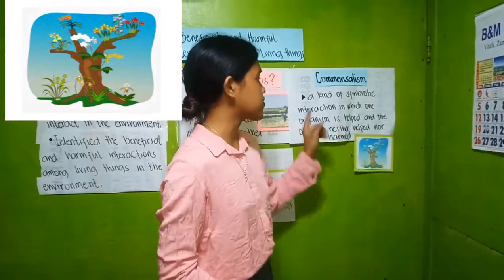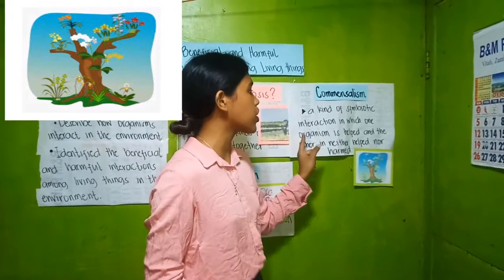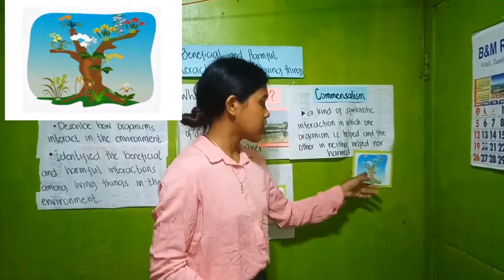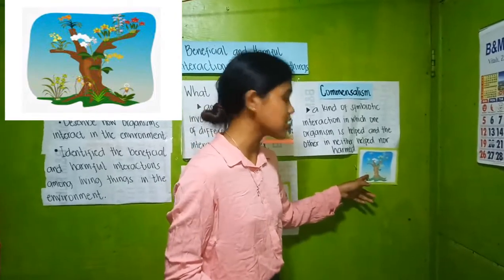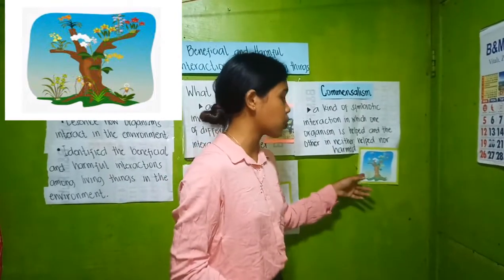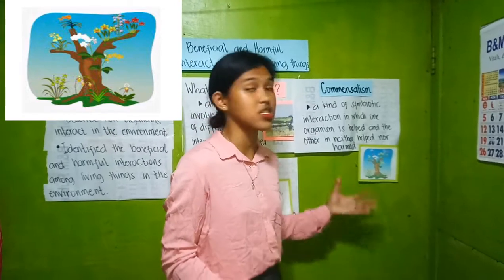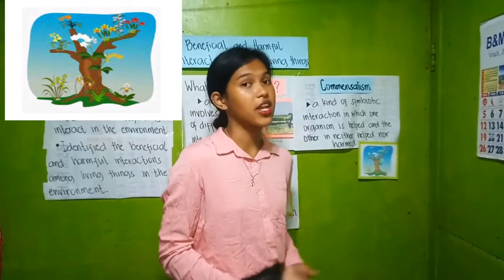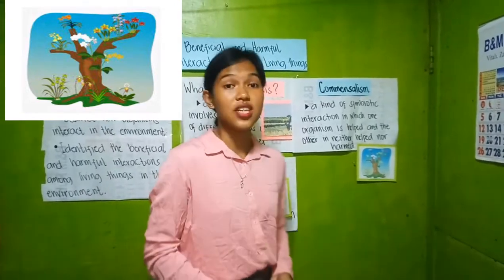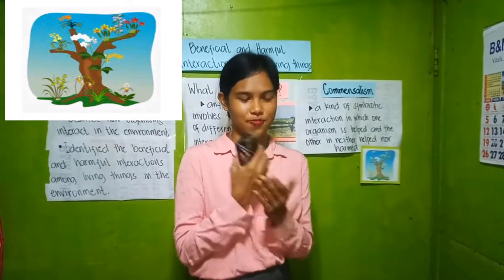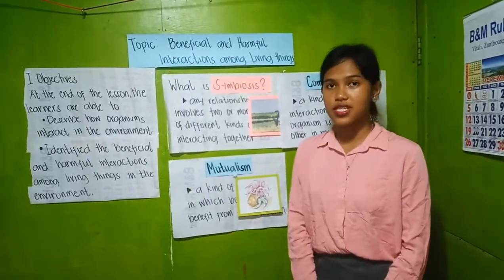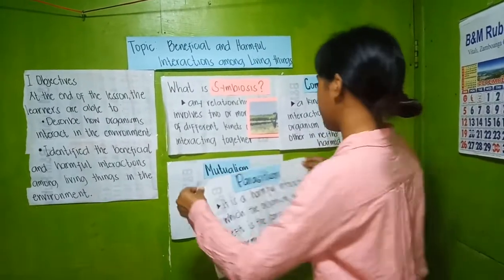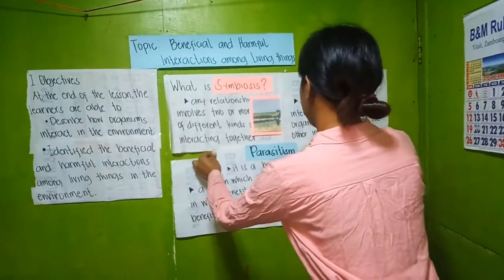It's a kind of symbiotic interaction in which one organism is helped, and the organism helped here is the orchid, which was carried by the tree, and the tree was not even harmed or affected anyway. Is it understood? Yes, Ma'am. Very good. Let us clap our hands. The third type of symbiosis is parasitism.